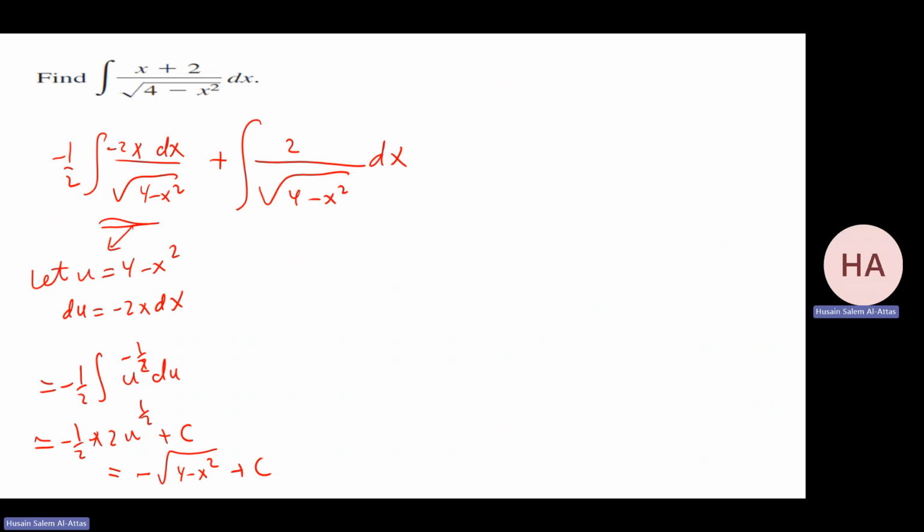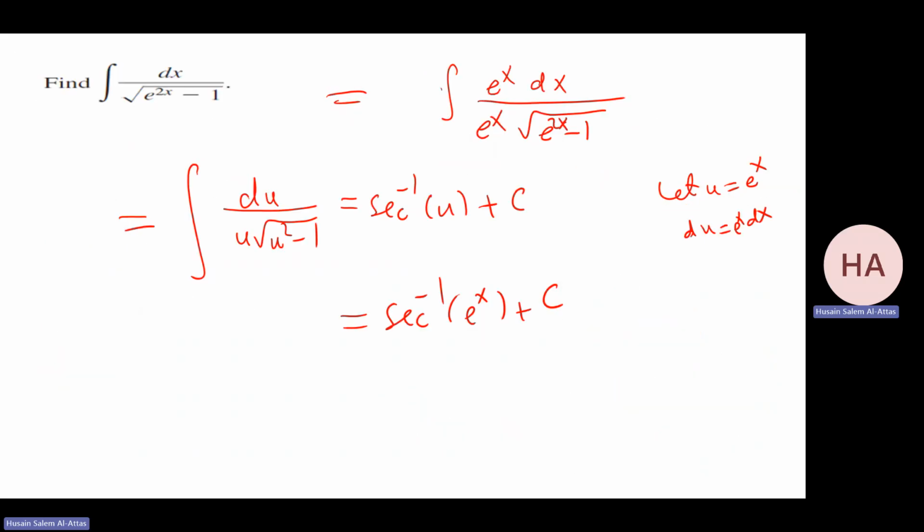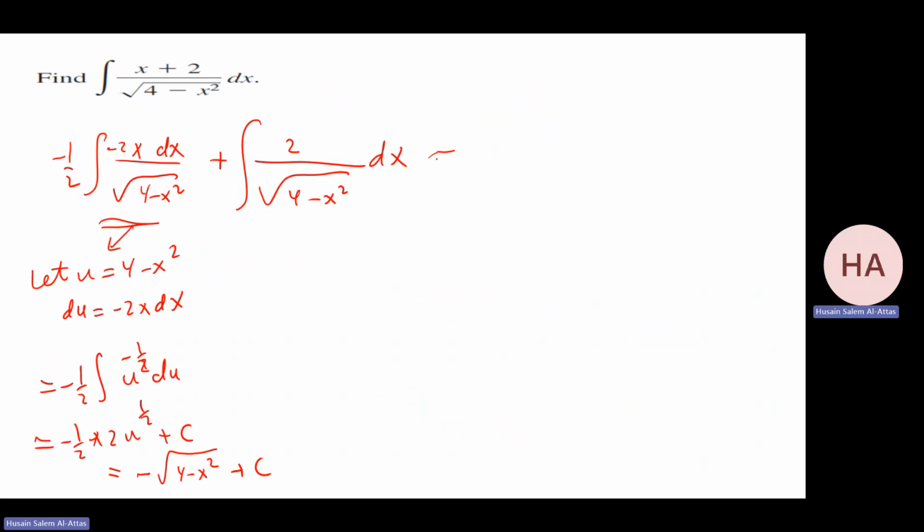This one, I think we need the sine inverse. If you look at these things, it's very clear. It's like this one, where a equals 2. So it will be 2 sine inverse x over 2 plus c.